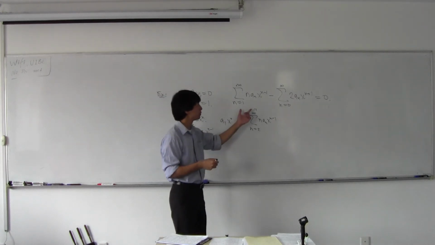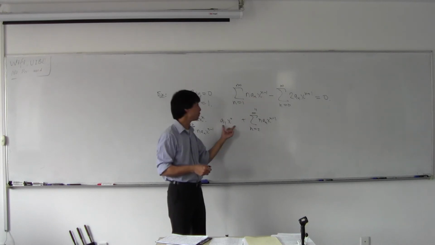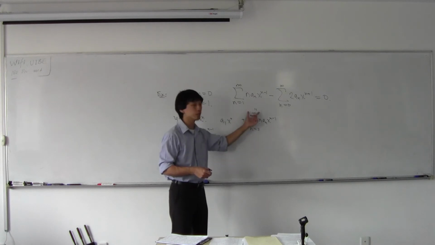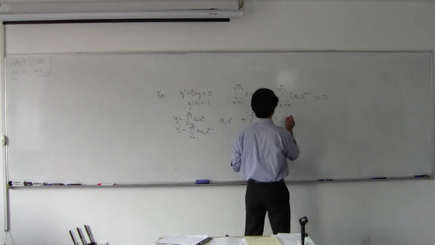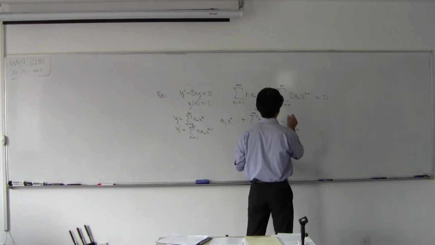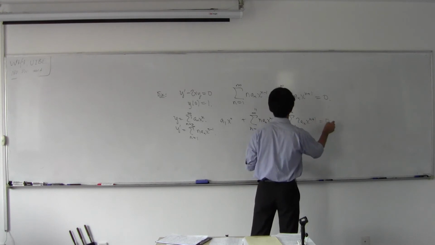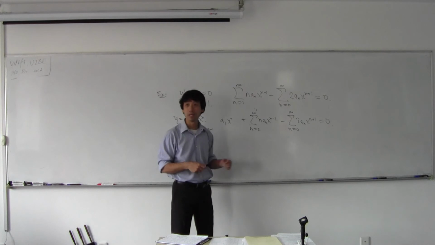You see what I did? I just broke this up into two pieces: the first piece, n equals 1, and everybody else, n equals 2 to infinity. And then I have this guy here, n from 0 to infinity, 2 a sub n, x to the n plus 1. Why did I do that?